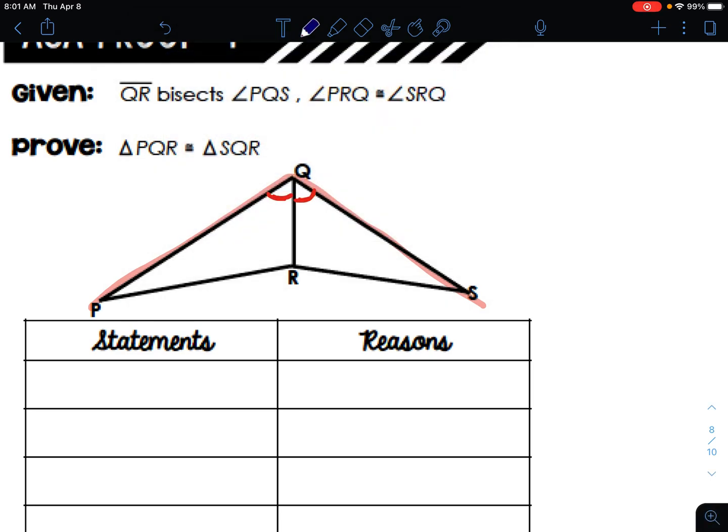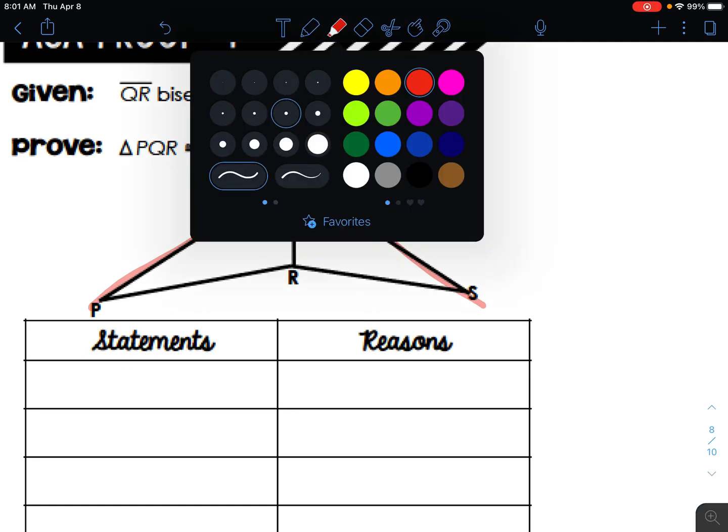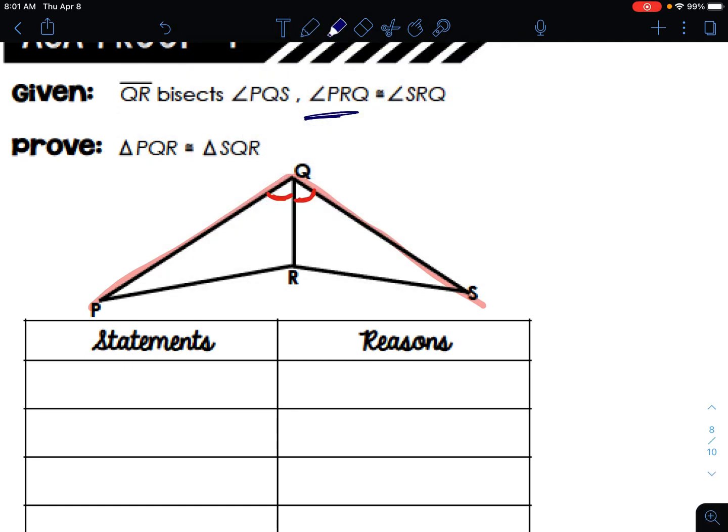I also know PRQ. So if you're not sure how to mark these up, the biggest thing I've seen is we mark up sides when it's angles, right? We're talking an angle. So if you're not sure what angle that is referring to, start at P, go to R, go to Q. That is the angle that is marked up.